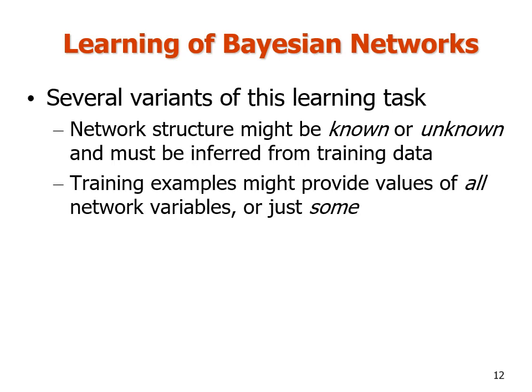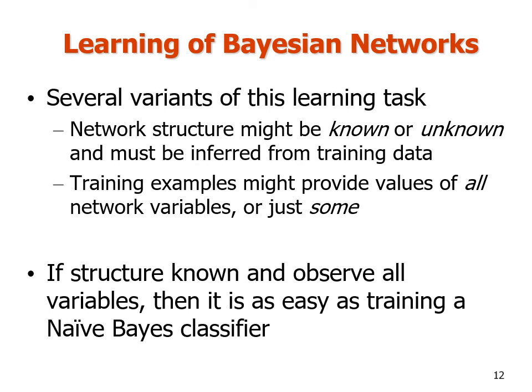In certain situations, training examples might provide values of all network variables, or only some of the values are available. If the structure is known and all the variable values are observed, then it is as easy as training a Naive Bayes classifier.